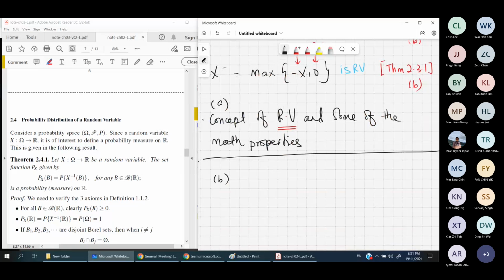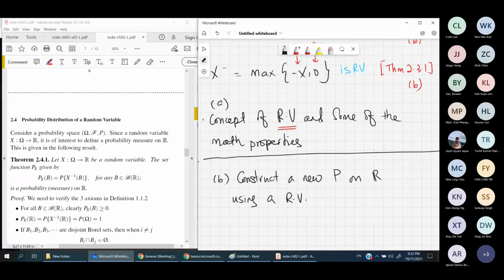So in part B, we discuss how we construct, how should I say, a new probability on R using a random variable.